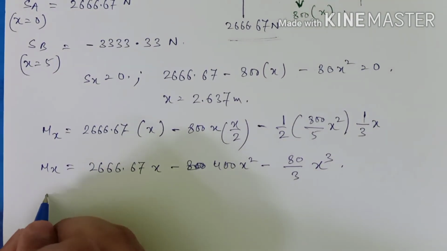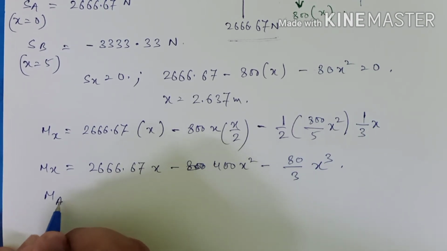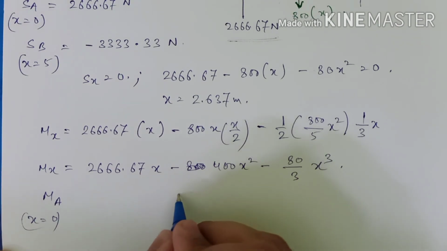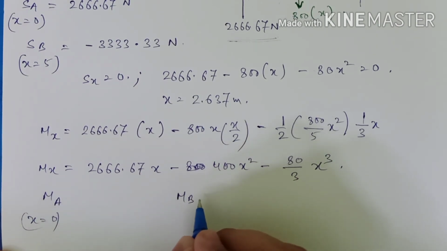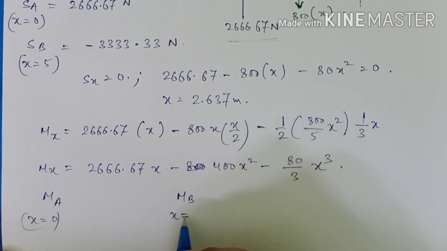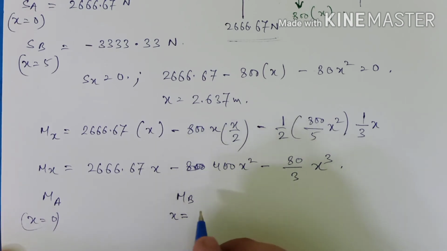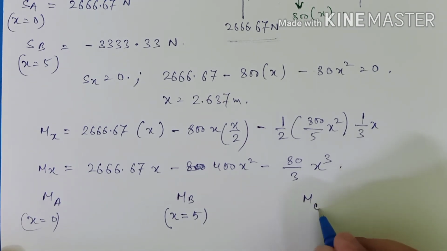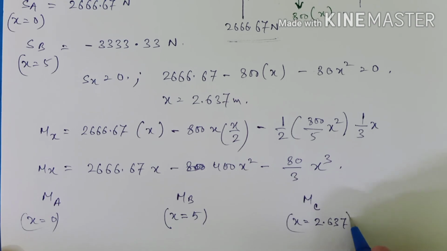For finding the bending moment at A, you have to put x equals 0. For finding the bending moment at B, you have to put x equals 5. And for finding the bending moment at the point of inflection, that is point C, you have to put x equals 2.637.